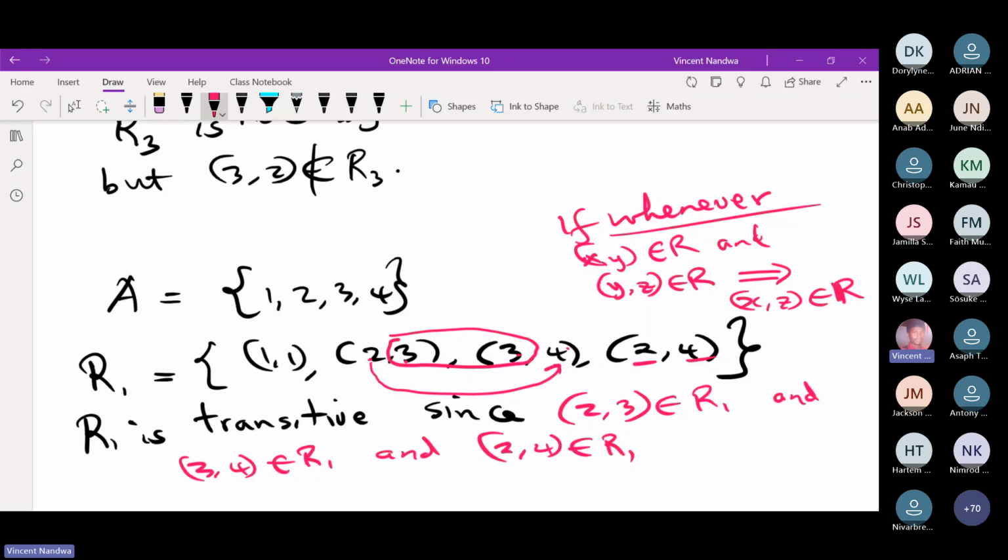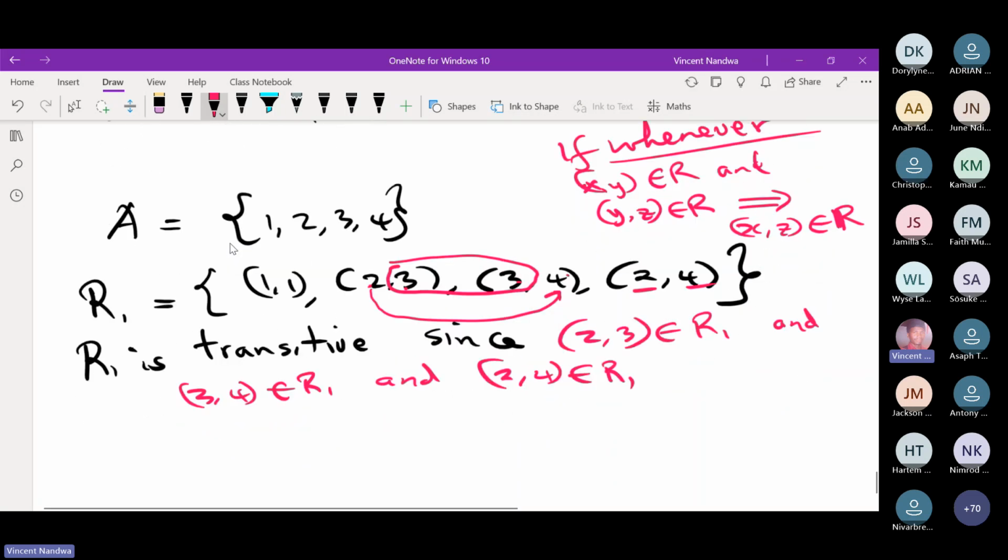When you see an element which is in two different pairs, the last of the first pair being the first of the second pair, then the first element from the first pair should be paired with the second element in the second pair. If that's the case, it qualifies to be called transitive.